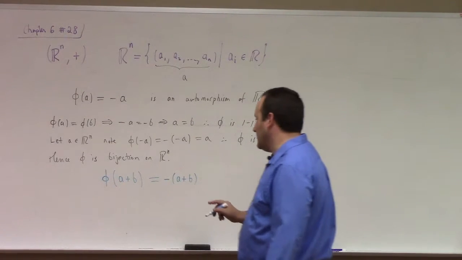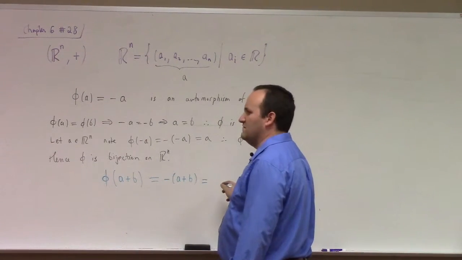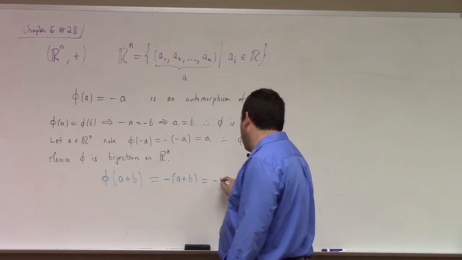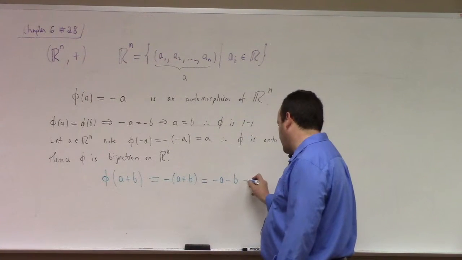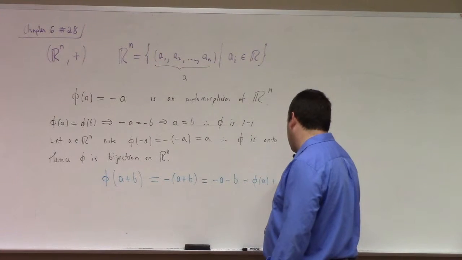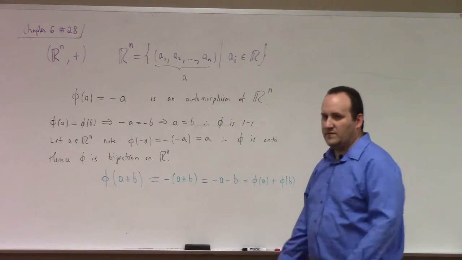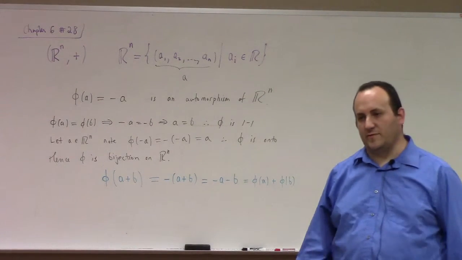I refuse. By linear algebra, or calculus 3, take it with me, minus A minus B, which is, by the way, phi of A plus phi of B. So there you go. Phi is a homomorphism, which is also a bijection, therefore it's an isomorphism, hence an automorphism of Rn.